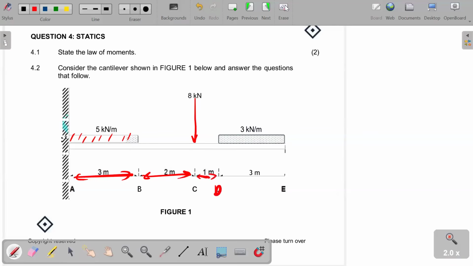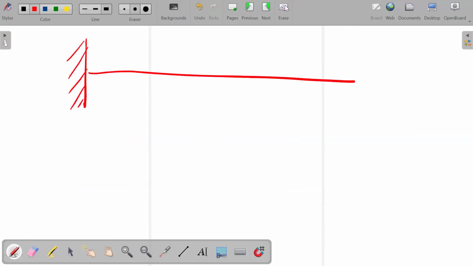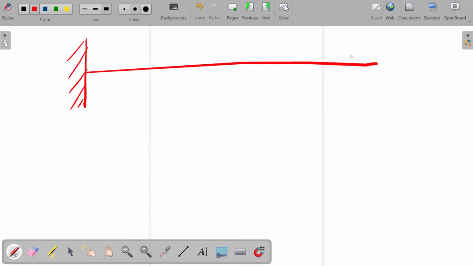That's our diagram. What I'm going to do is indicate it here with a scale. We can use 1 centimeter to represent 1 meter. I will try to be a little bit accurate in drawing my diagram. There we are.